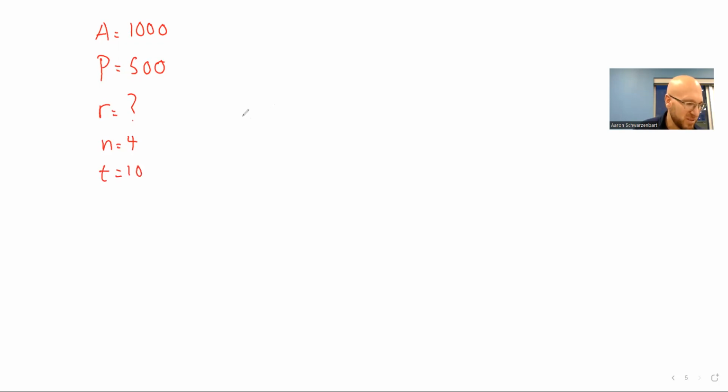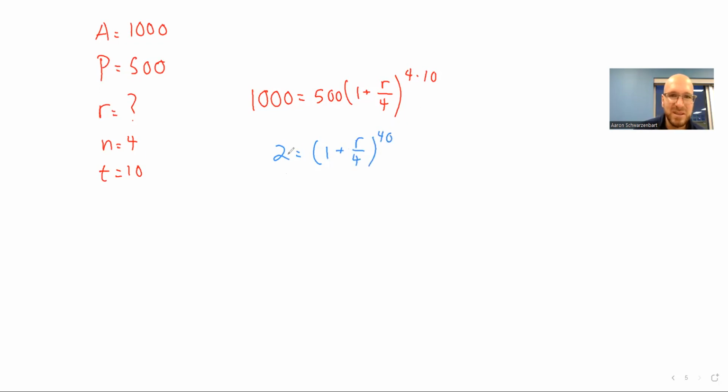Again, this is definitely going to be a solved by graphing problem. So I'm going to plug it into my equation. 1,000, 500, 1 plus r over 4 to the 4 times 10. Again, I'm going to divide by 500 first. And you get something that, anytime you're doubling, it doesn't matter what the initial amount is. 4 times 10 is 40.